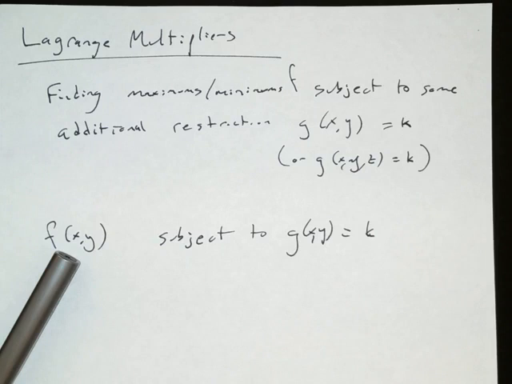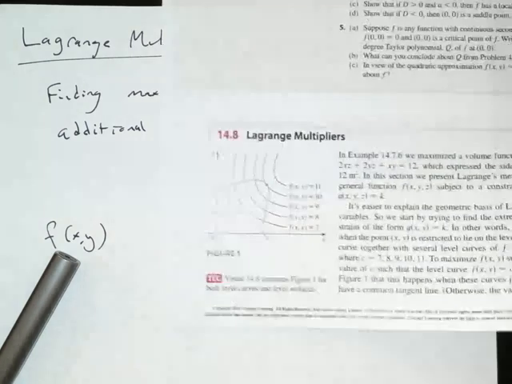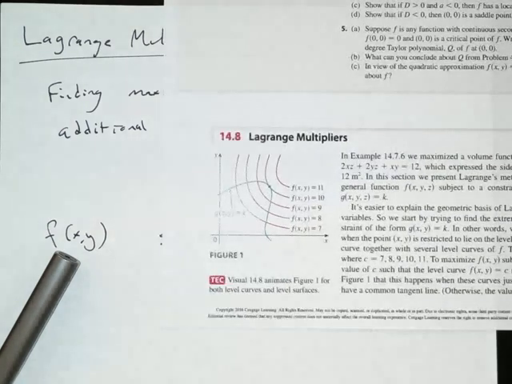That's a particular level curve of the surface g. Let's overlay those together. I could have something that looks like this, where in red we see the level curves for f of x, y. But then g is one particular curve, and I want to find the spot on this curve that has the largest value of f, which means I need to go as far as I can in g to get f to be as big as possible.